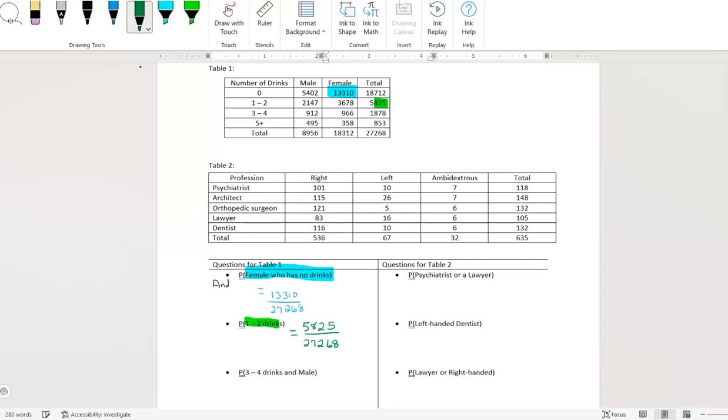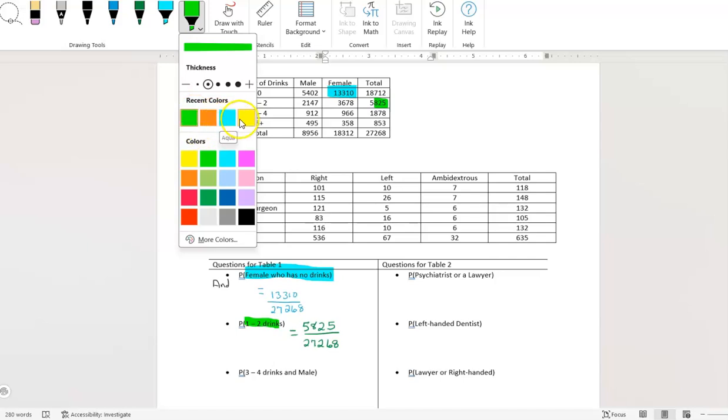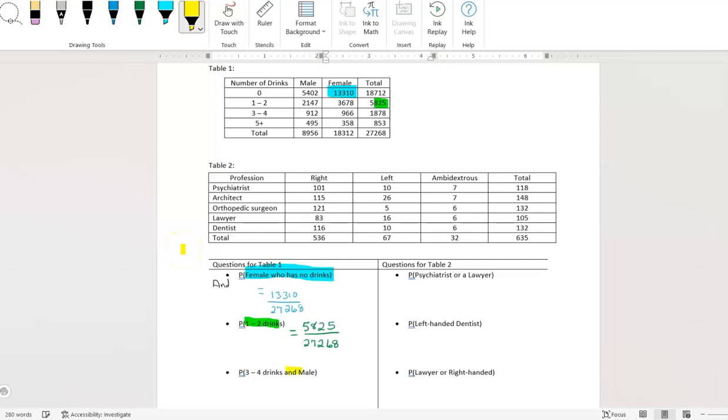27,268. This time, the word and is actually put into the statement, and the word and doesn't have to be put in the statement for it to be an and probability. So notice here, the and was implied, but in this one, we actually state the and. So we want 3 and 4 drinks and males.